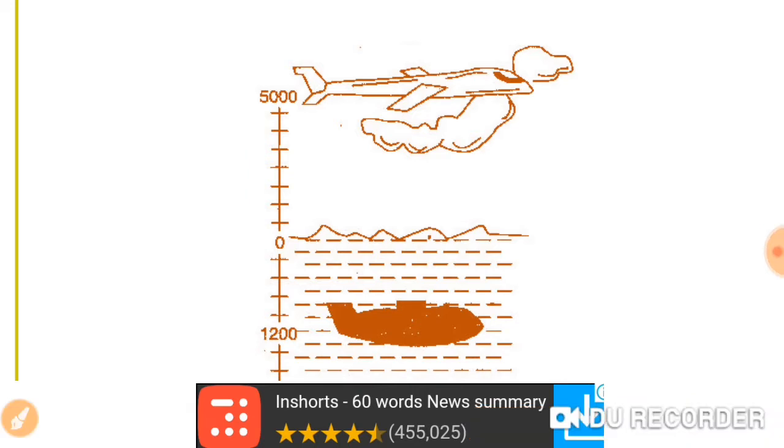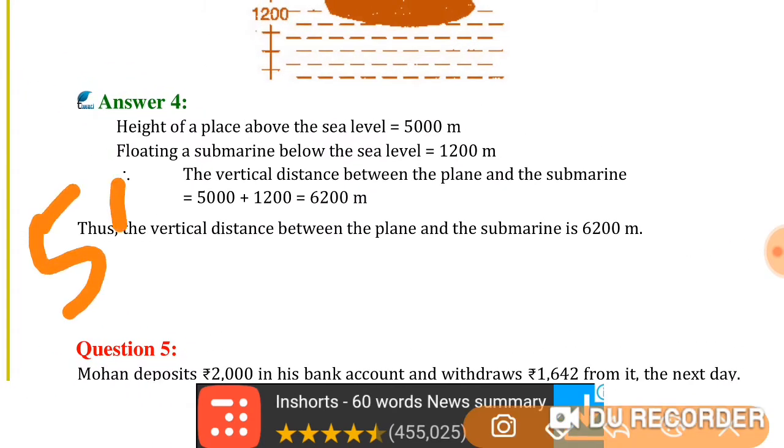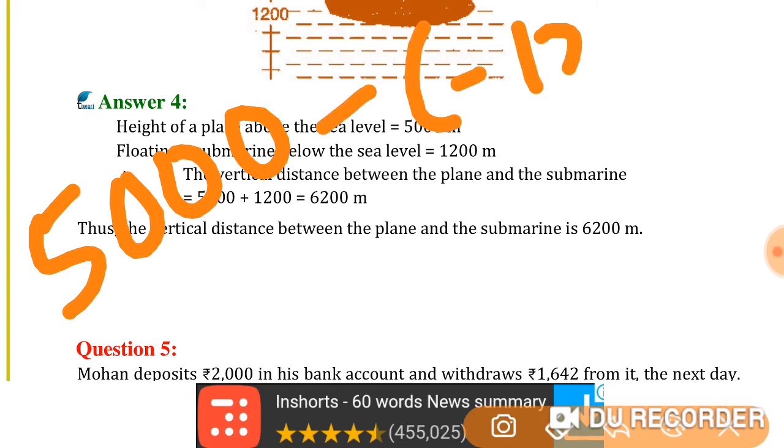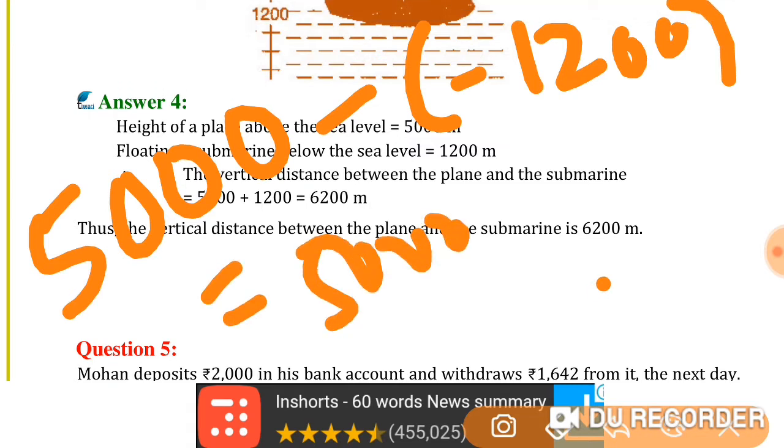How, I'll show here. See, if you take 5000 minus of minus 1200, there is a difference, then only we can get the distance between. So 5000 as it is, minus of minus, plus 1200, it will come directly as 1200.